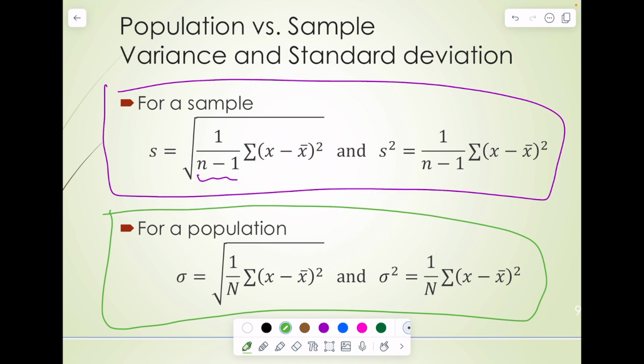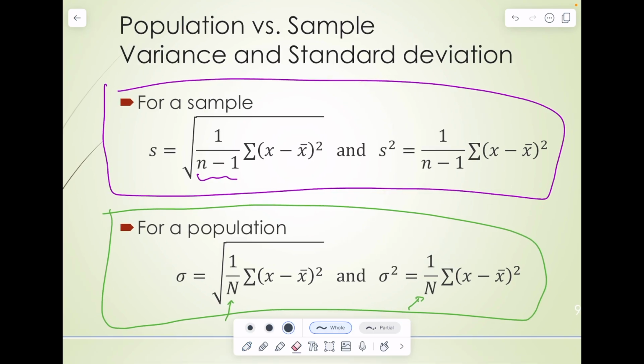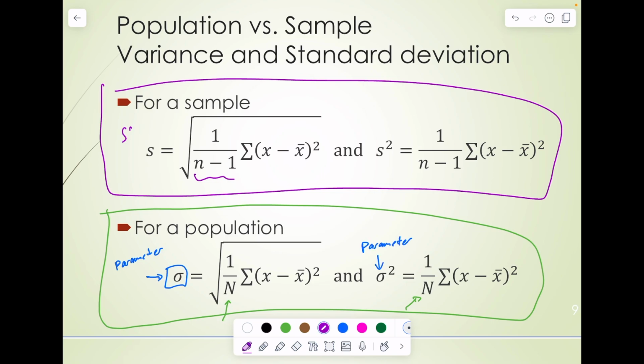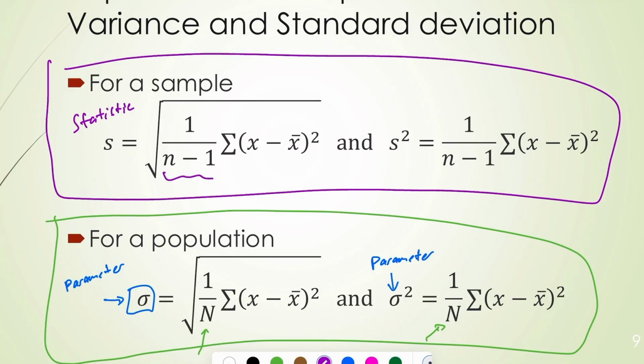It's slightly different. The only thing that's different is the n. Is the n there. Okay, now notice, though, the change in the variable. So for a population, this is no longer a statistic. This is a parameter. And these are statistics. So this is the first time we see this very interesting convention.